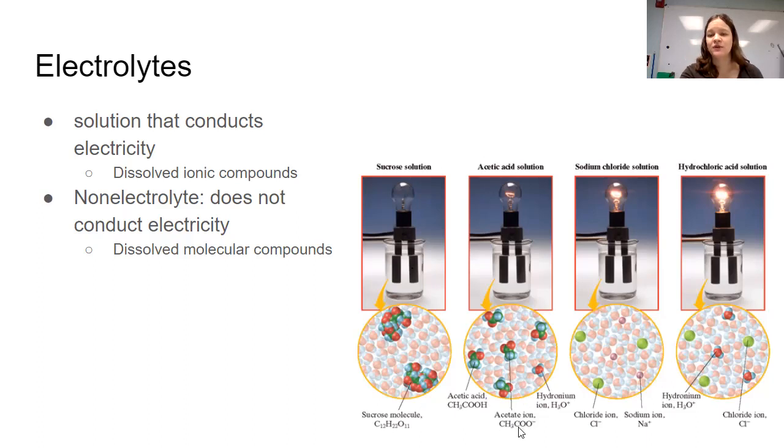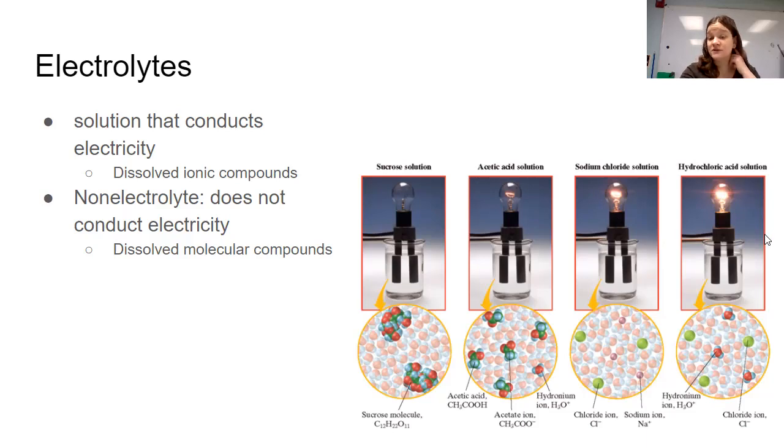It doesn't break up very much, not like sodium chloride, or in this case, hydrochloric acid here on the far right. So hydrochloric acid is a very strong acid, so it almost completely breaks apart into its ions. Okay, so it would glow very, very brightly if you were testing it with a light bulb.